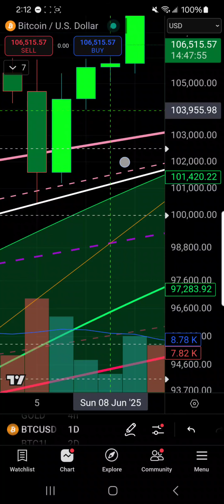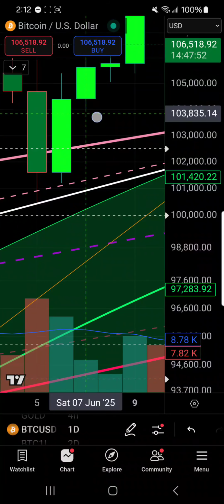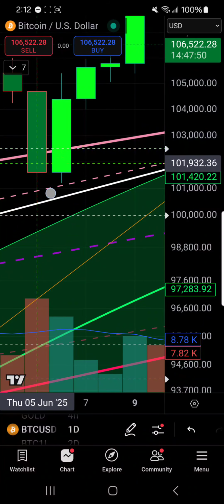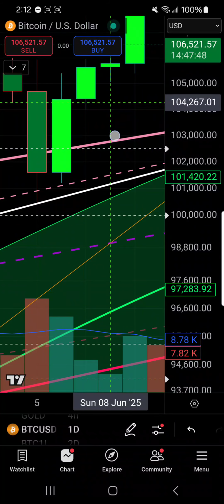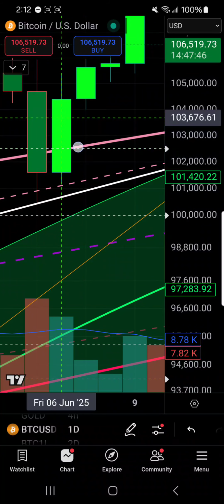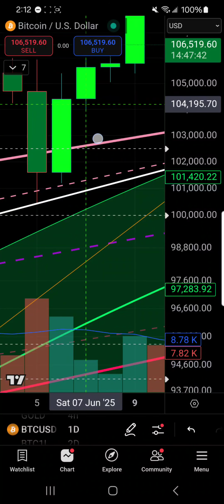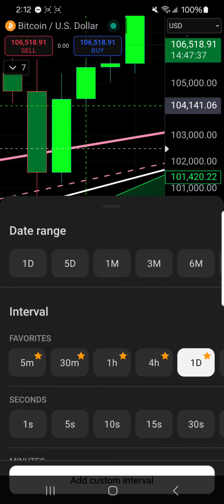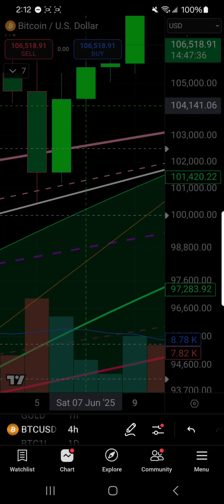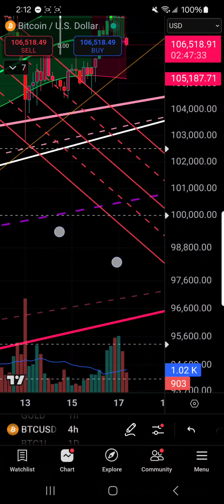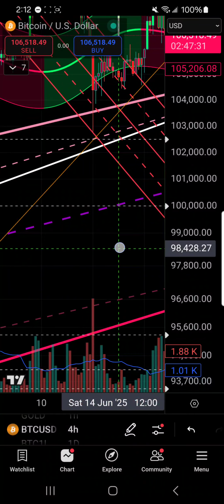No. It must have been right here. After we did this, I must have just put the order in right here. After we started moving up, we probably moved back up, came back down. Let me switch to a 4-hour, because it's really bothering me. So I knew I had it back here somewhere.